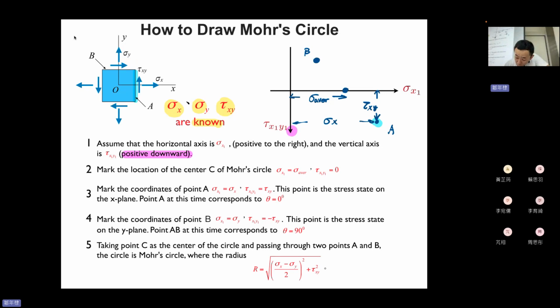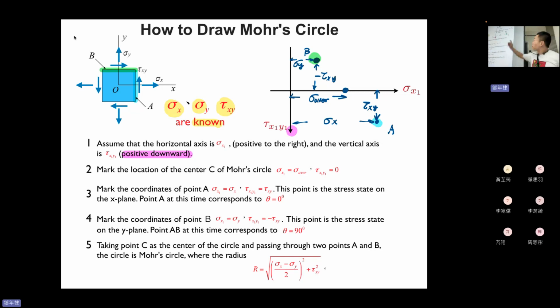Be careful, here it is negative tau xy. Because if you set this surface as the main surface, it is downward, and downward is negative shear. But sigma y is still positive, so it's in the positive axis. This is sigma y.